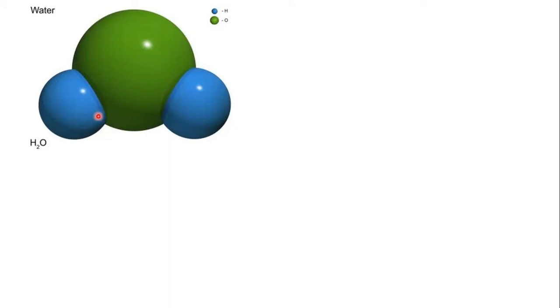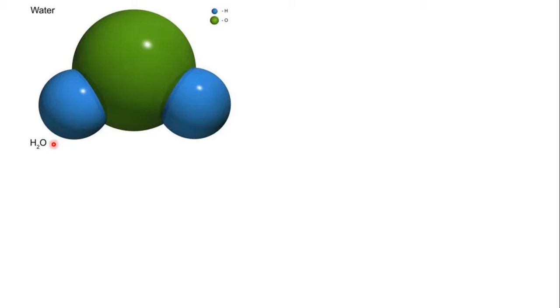So we can see that water is formed from two hydrogens and then an oxygen. When we look at the properties of water and then we take the properties of oxygen and hydrogen, we can realize that the elements exhibit different properties from that of the compound formed, which is water.